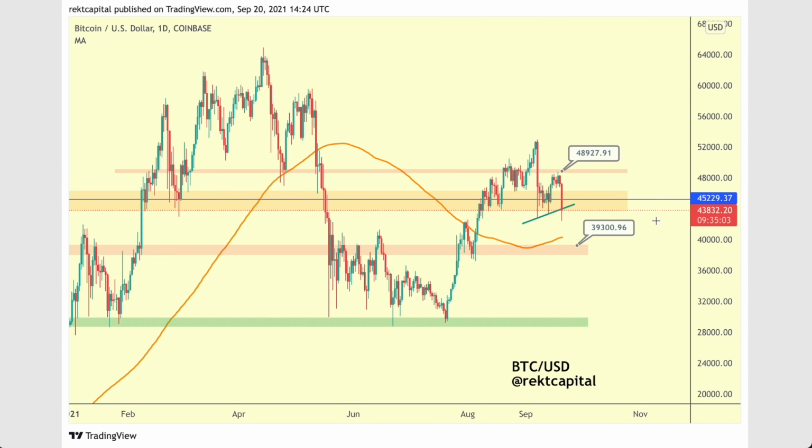This is something I mentioned in yesterday's Rekt Capital newsletter, where we were losing this weekly low right over here, and upon breakdown from here, which would at the same time be losing this confluent major demand zone, the orange area, we'd actually revisit this Pi cycle moving average, which is approximately confluent with the 39,000 region, the previous range high of this overall green-red range. So you can see lots of confluence here in terms of the range high of a previous range and the Pi cycle moving average.